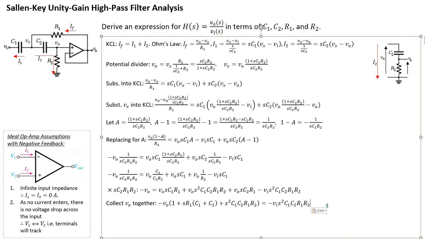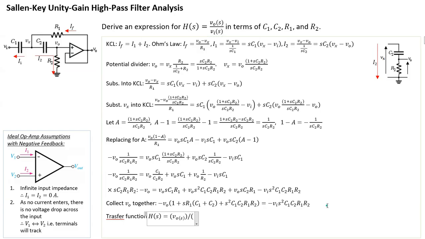So, therefore the transfer function, denoted by H of S, is equal to simply VO of S over VI of S. I think I need to put this in brackets, divided by VI of S.